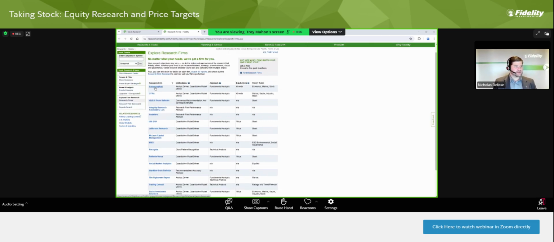That said, there are a couple things I'd like to introduce everyone to when it comes to what Fidelity offers. There's a lot when it comes to the different firms and the different research. In general, on the left-hand side, there's something that says research firm scorecards.